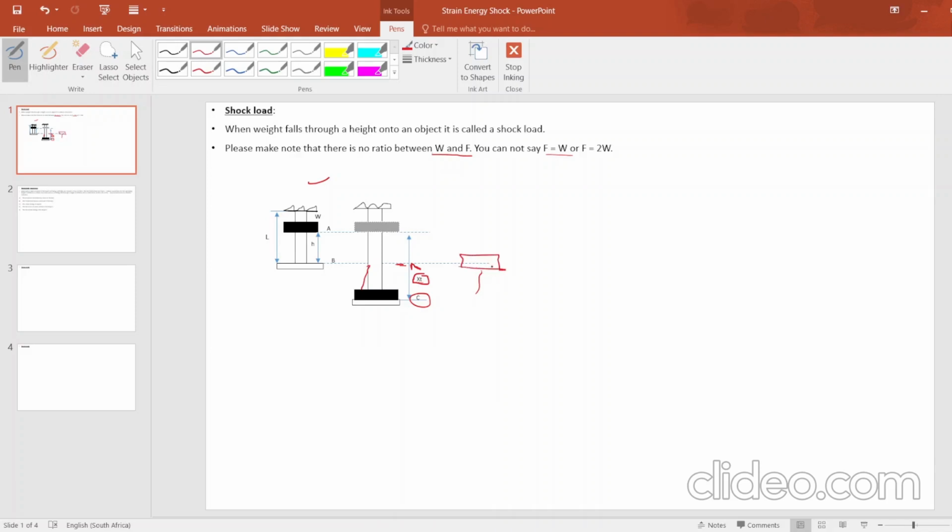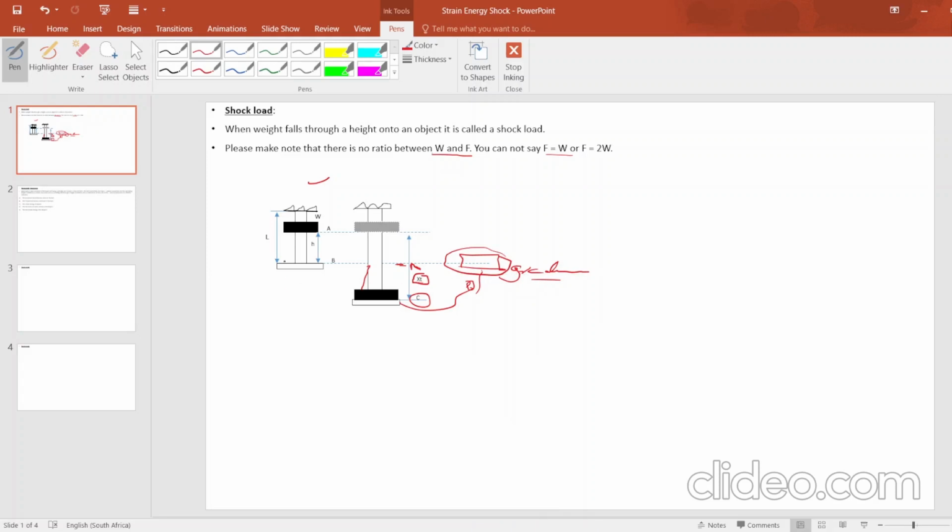When it goes back to level B, the column will experience a gradually applied load, instead of a sudden one. When we remove the load, the material goes back, and in the process it experiences the gradual load.